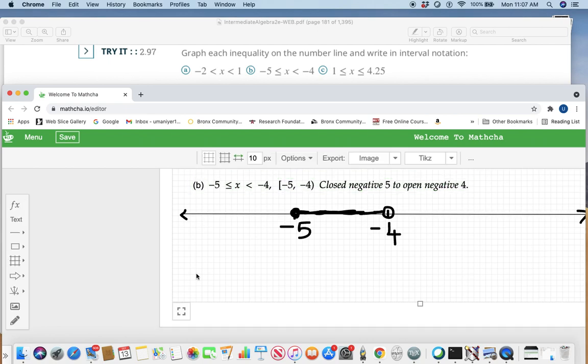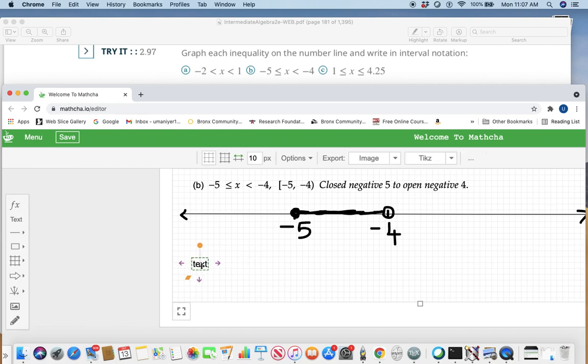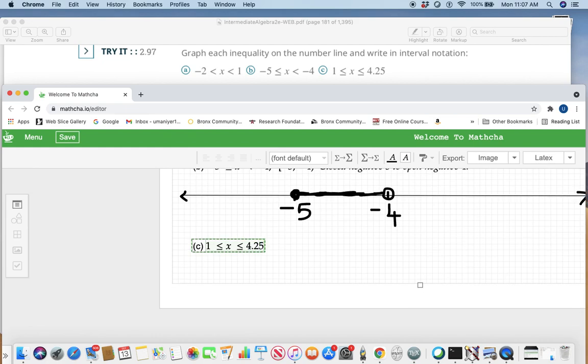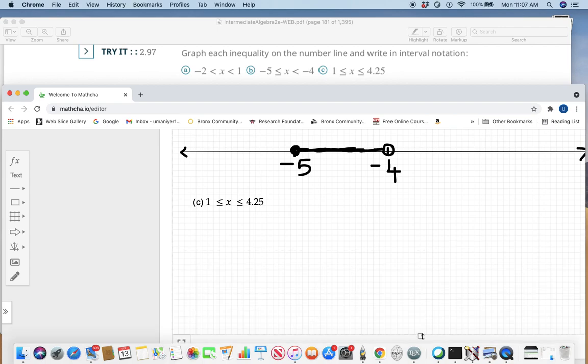All right. Next. 1 less than or equal to x less than or equal to 4.25. All right. Okay.